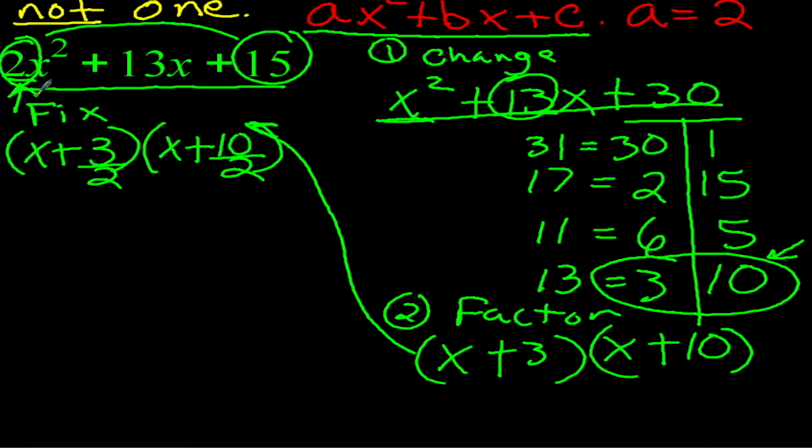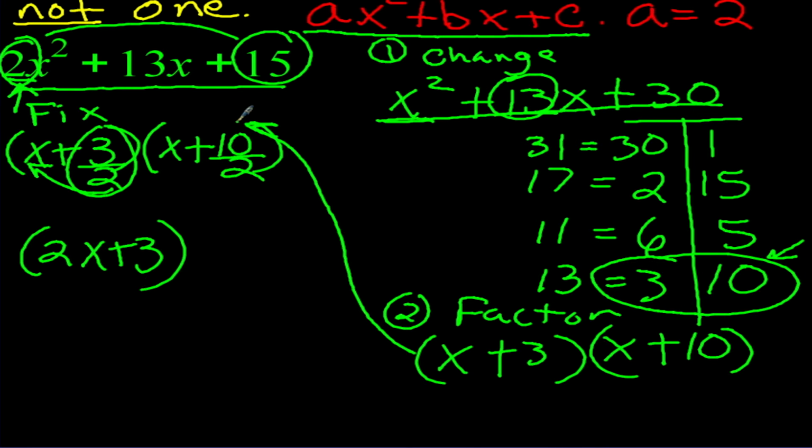Then we look at each of these terms and see if we can reduce. The 3 divided by 2 we can't reduce, so we do a technique called under-over, where we move that over in front with the x term, so we write it as 2x plus 3.